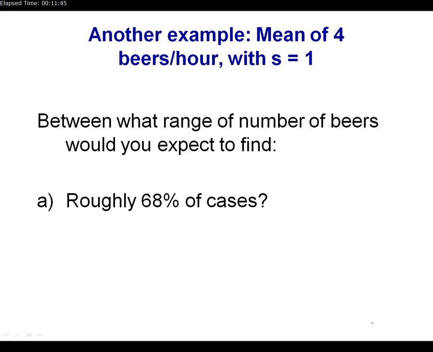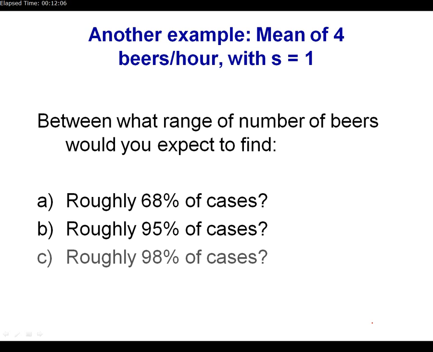So I would say 1 less and 1 more, so between 3 and 5. 95% of the cases? Go back to the empirical rule and see if you could remember that. And 98% of the cases, about 2.5.